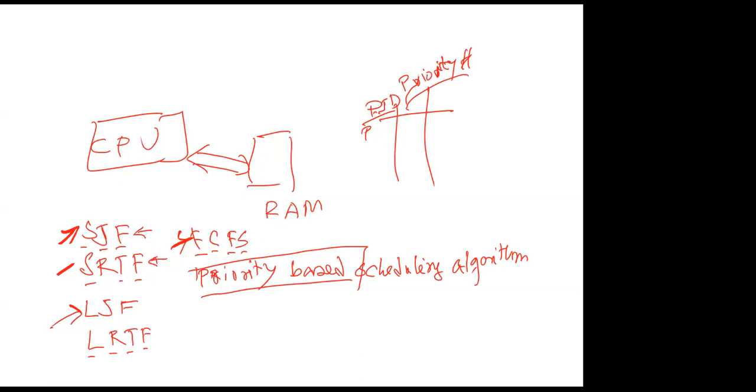This priority based algorithm can be of two types. It can be a preemptive version as well as a non-preemptive version. So these are all non-preemptive, and the preemptive priority based algorithm is also available.